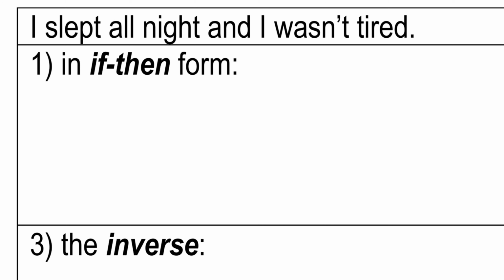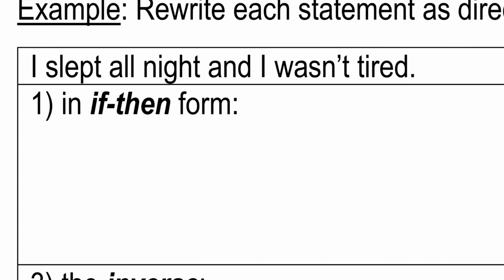So I have my statement. I slept all night and I wasn't tired. So for if-then, let's say our P and Q. Okay, so we have I slept all night. Let's say that's P. That's our first one. I wasn't tired. That could be Q. Okay.